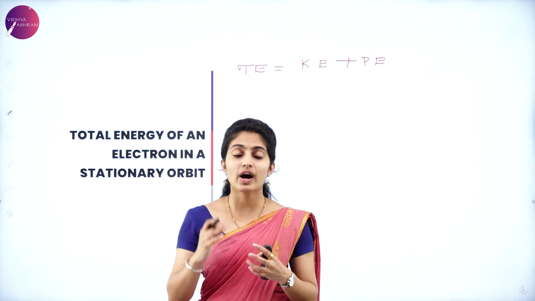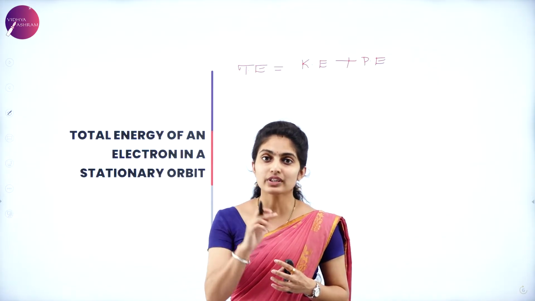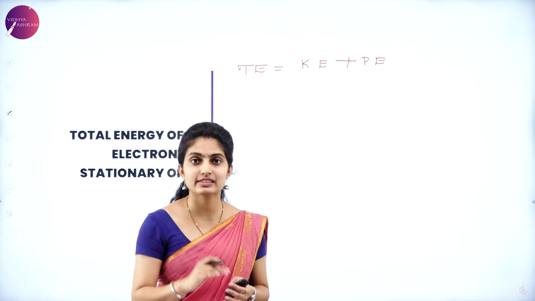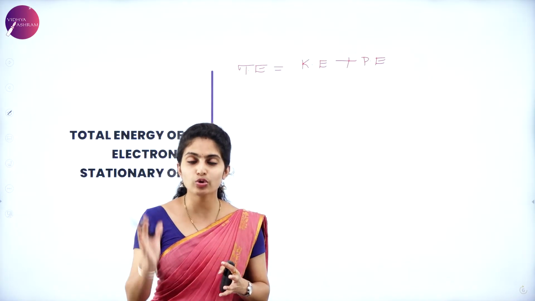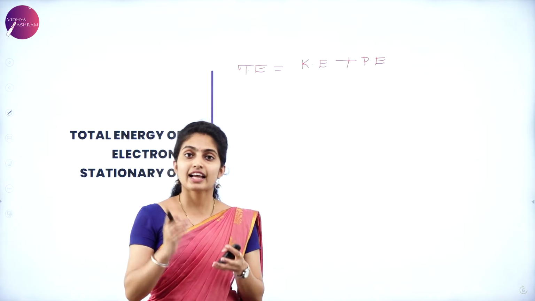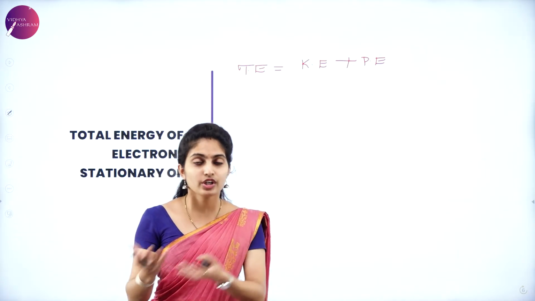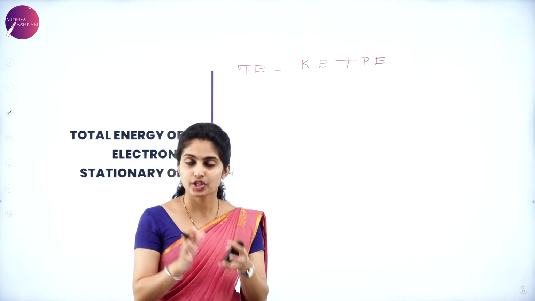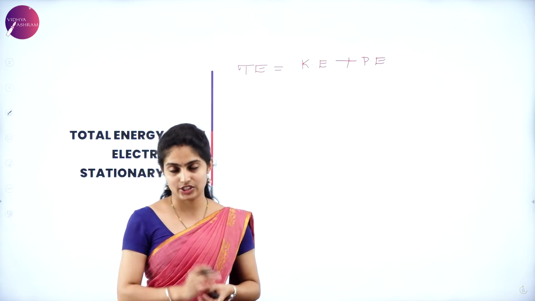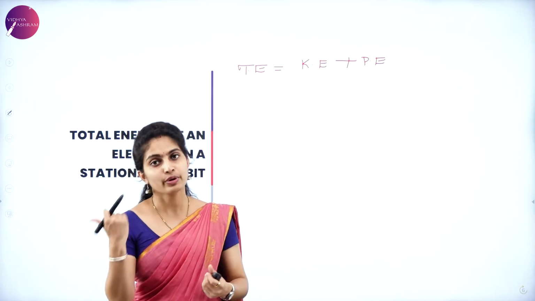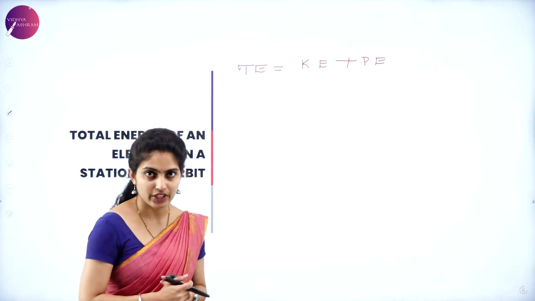Potential energy is the one which exists before the kinetic energy. Before the work is done, whichever energy is stored is called potential energy, and when the stored energy is being used, that is nothing but the kinetic energy. So total energy is a sum of kinetic energy as well as potential energy.